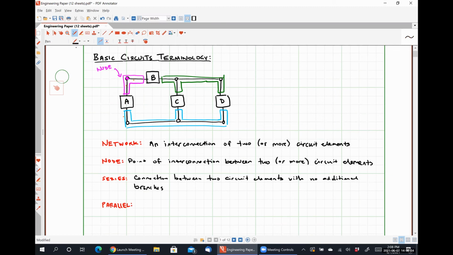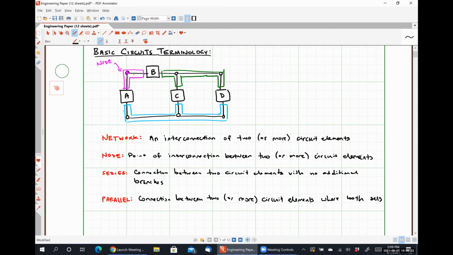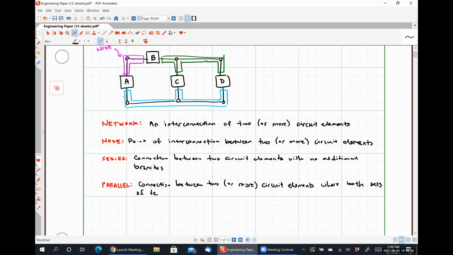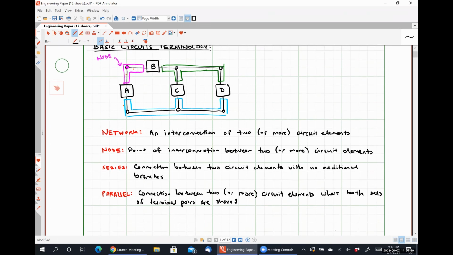In a parallel connection, we have a connection between two or more circuit elements where both sets of terminal pairs are shared. And so let me explain exactly what I mean by that.